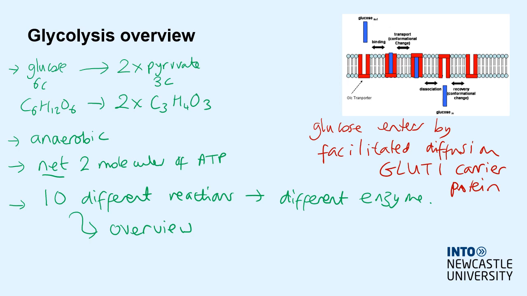And then once the glucose enters the cell passively through this facilitated diffusion, it will enter into glycolysis and be changed. So that means the concentration of glucose in the cell is kept very low because it is immediately changed and is no longer glucose. So we maintain the gradient, so glucose keeps entering the cell by facilitated diffusion.